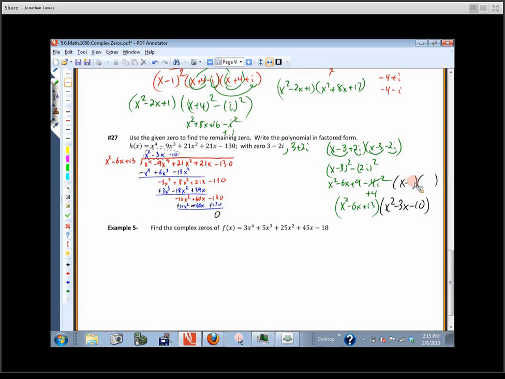Multiply to be negative 10, combine to be negative 3. And then all I have to do is put those in place right here. And I am finished because, whoops, that's a plus, right? Yep. Factored. It's factored, right?